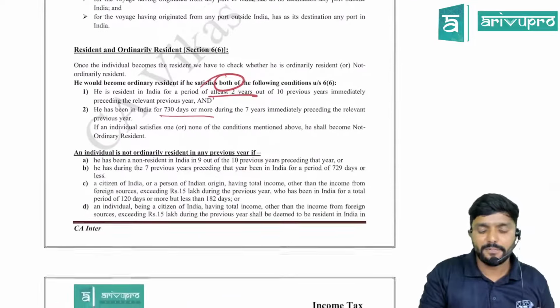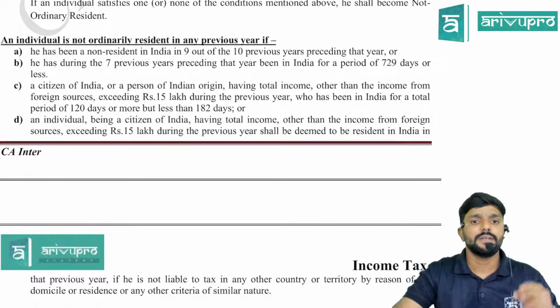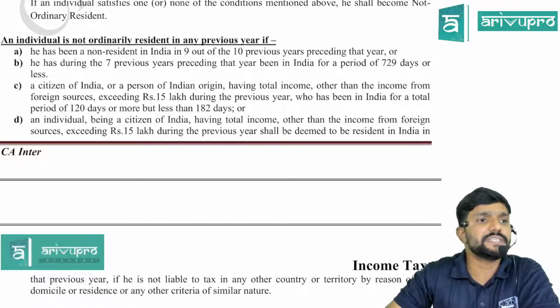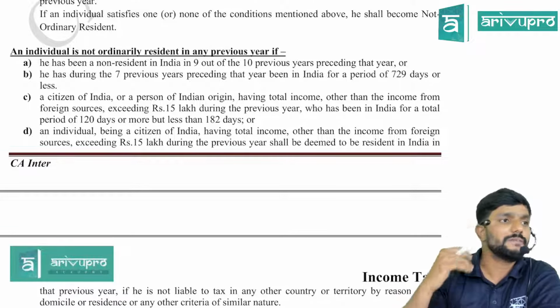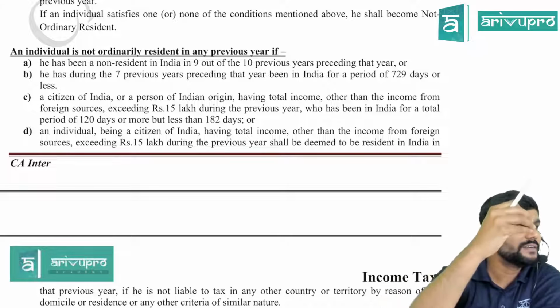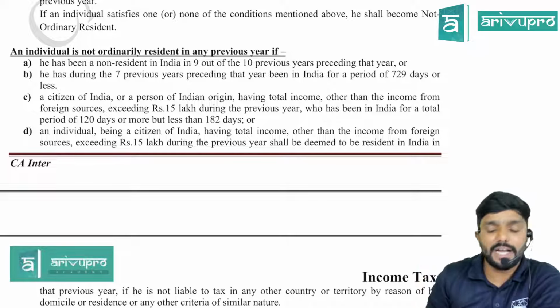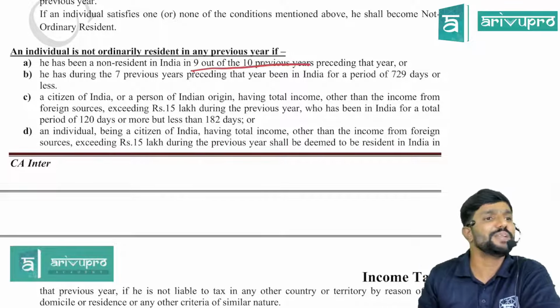Okay. Let me read this. Be attentive. We are not yet done with the individual. An individual is a not ordinary resident in any previous year in the following 4 cases. He has been a non-resident in India in 9 out of 10 previous years preceding the previous year.